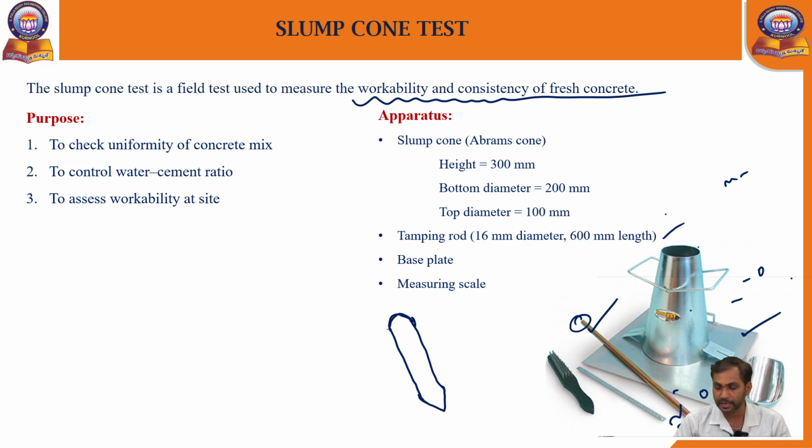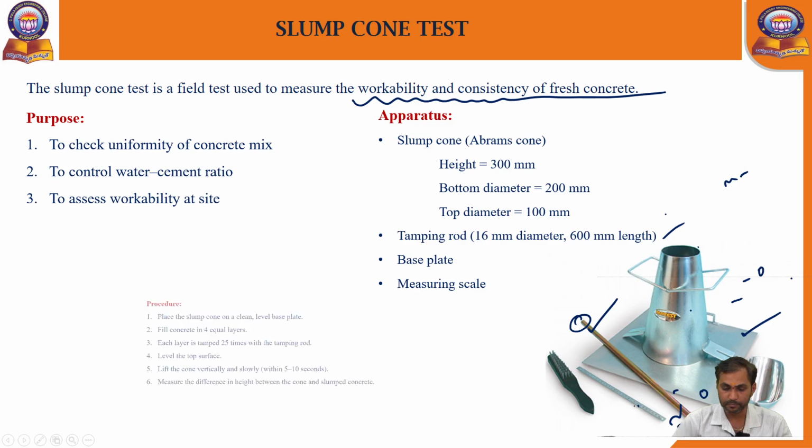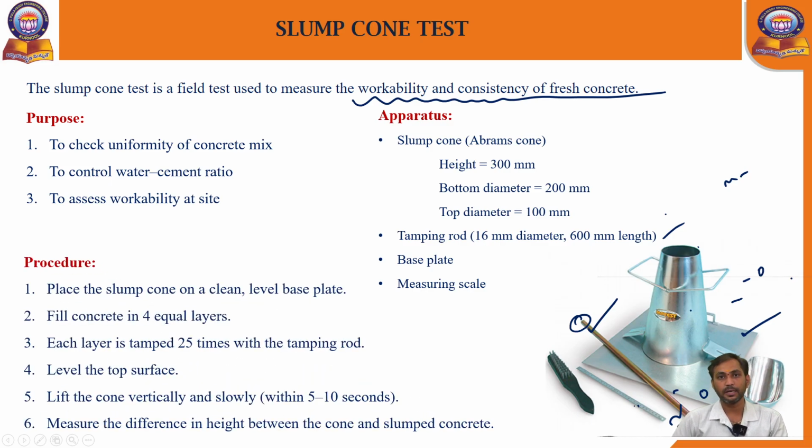This is a base plate and measuring scale. Okay, done. Now we will see the procedure. First, after preparing the concrete, place the slump cone on a clean and very level base plate and fill the concrete in 3 or 4 layers, with each layer given 25 blows of the tamping rod, which is used to reduce the air voids.